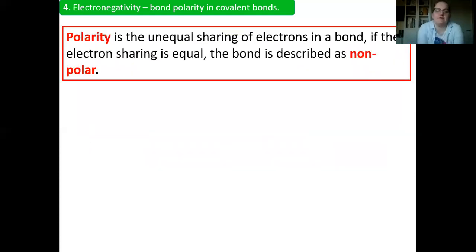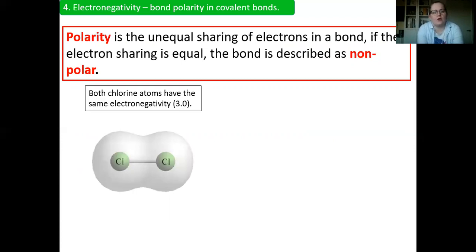So polarity is what we use to talk about this unequal sharing of electrons in a bond. If the electron sharing is equal, the bond is described as non-polar. So a non-polar molecule is a molecule that has covalent bonding, but all the electrons are shared very equally. We haven't got any difference in electronegativity occurring.